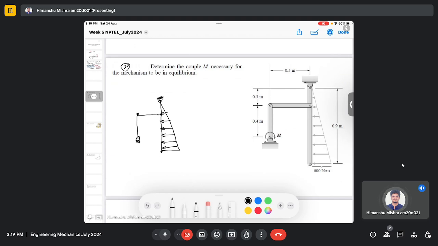Okay, so at the end it is 600 Newton per meter. Here it is 0.9 meter, this is 0.5 meter, this is 0.3 meter, and this is 0.4 meter. Then we assume some virtual displacement.